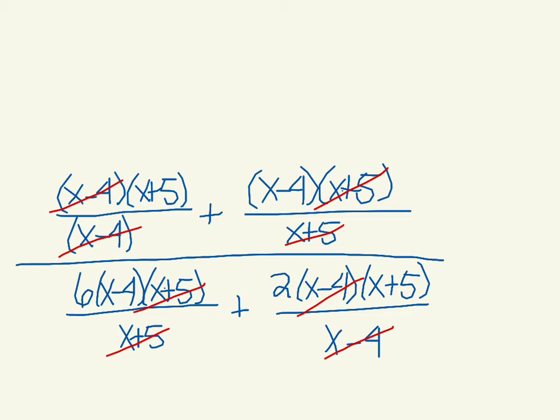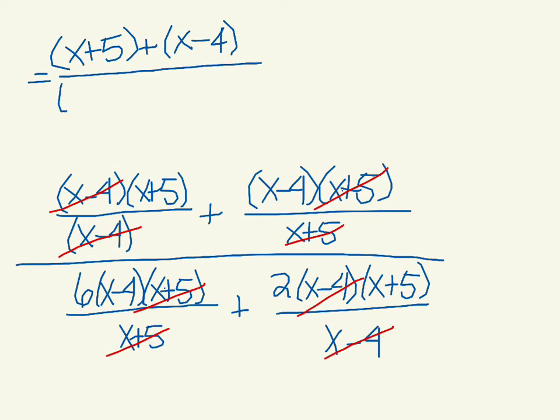Alright, now we're going to have x plus 5. I recommend putting your parentheses because if this was a subtraction problem, it would mess you up if you didn't. Plus x minus 4 over 6 times x minus 4 plus 2 times x plus 5.